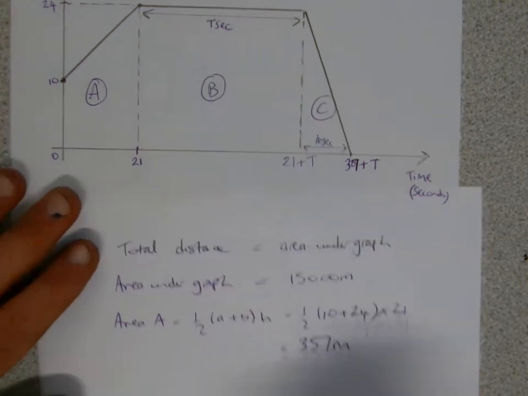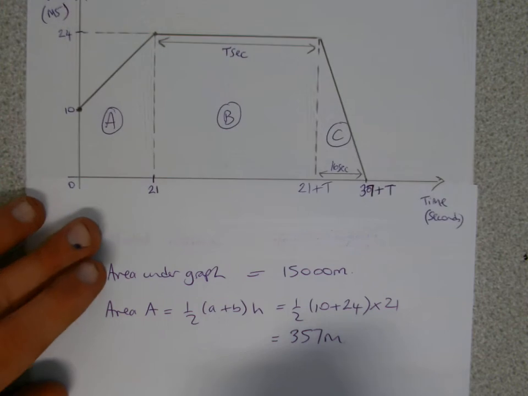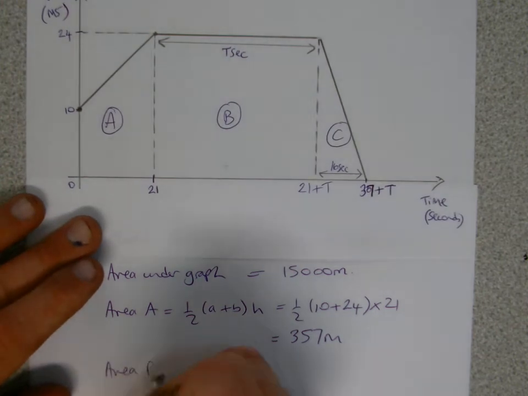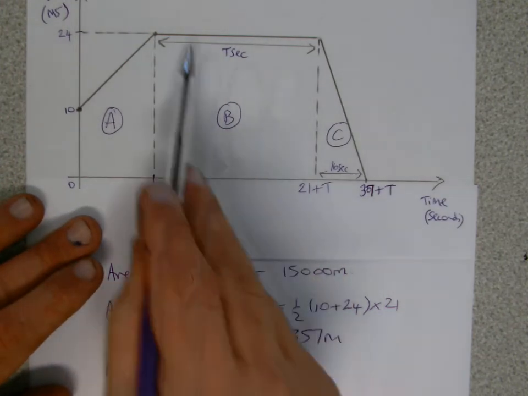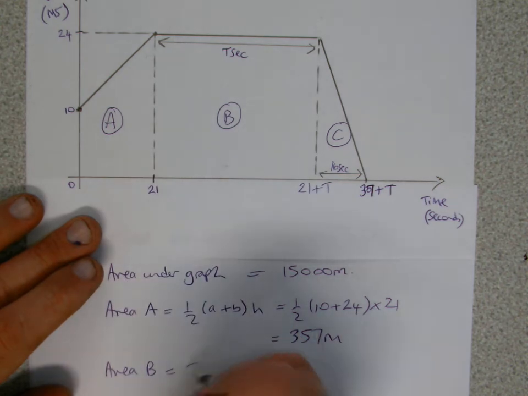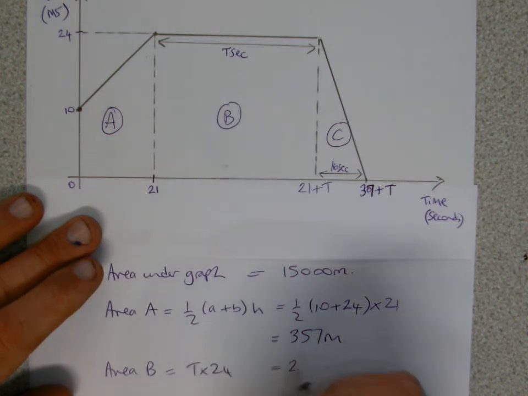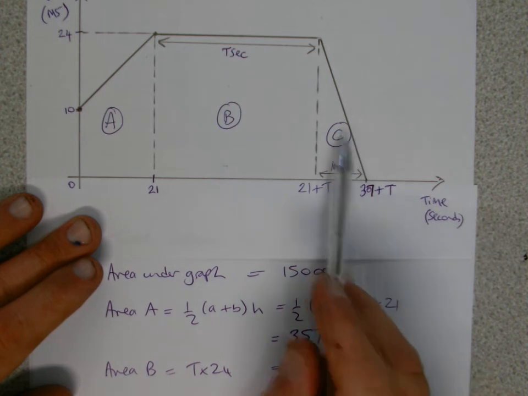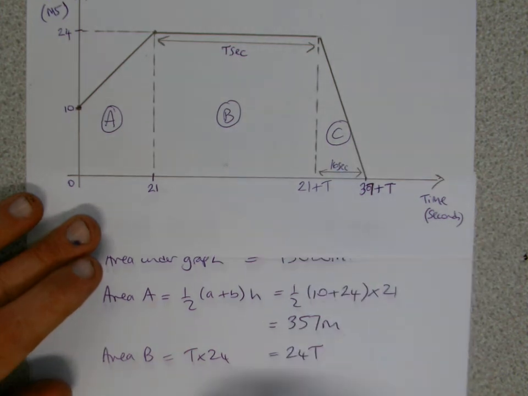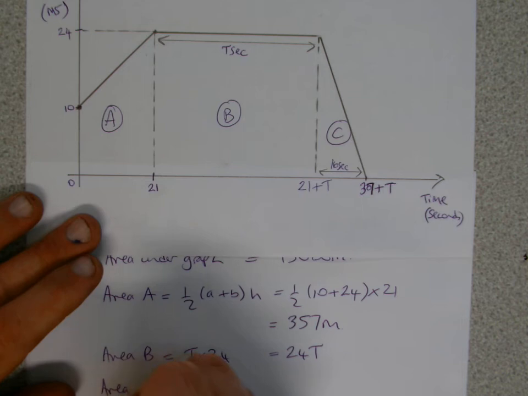Now B is easy to work out, because it's just a rectangle. So area of B will be the length, which is t, times the width, which is 24. So t times 24, which is 24t. And C is also easy to work out because it's just a triangle.